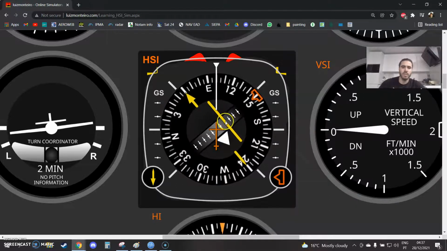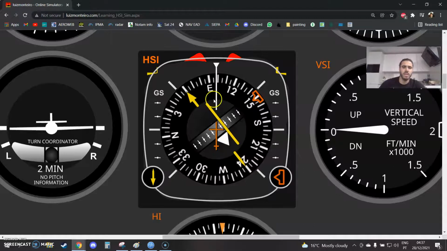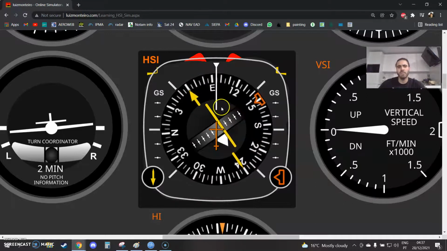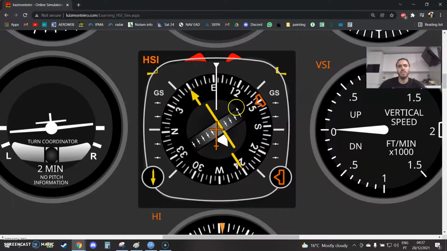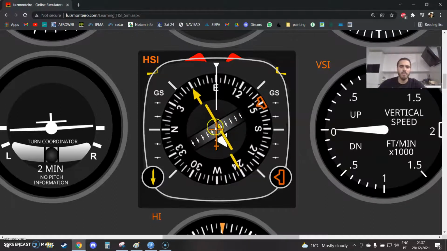Because your radial is getting closer to you, and you're just going to follow this last part of the CDI until you get to approximately 10 to 30 degrees of interception. And why do I say 10 to 30 degrees of interception? Once again, because it differs a lot if you are close to the VOR or not.